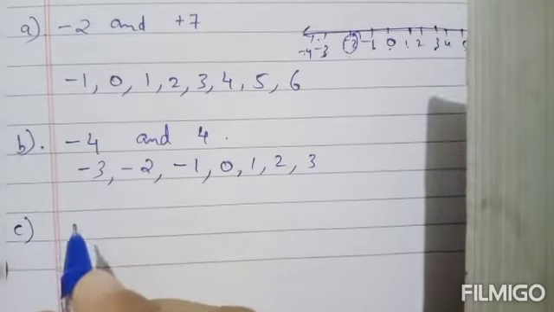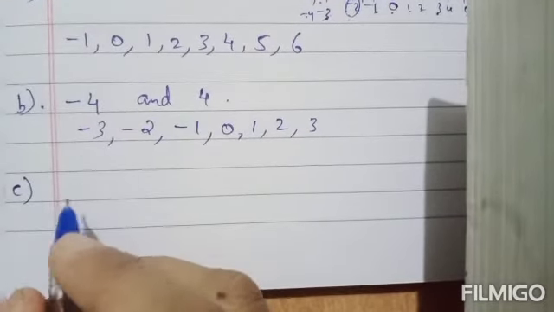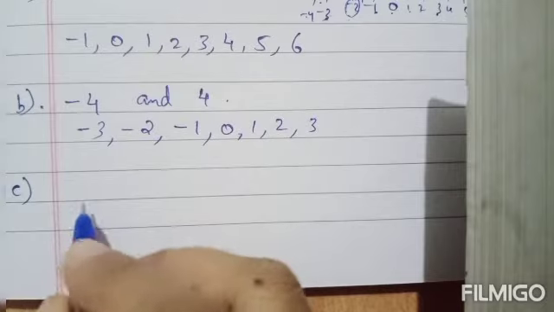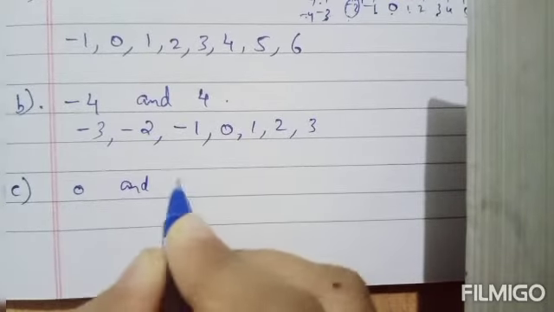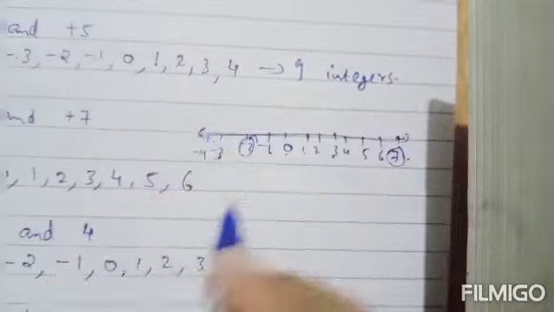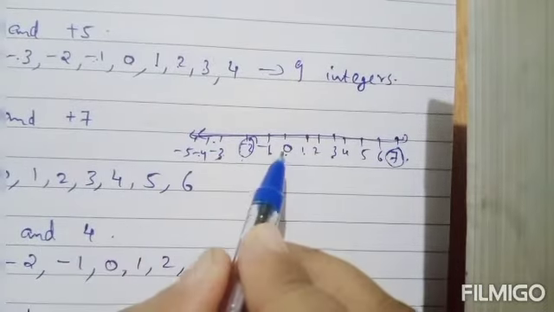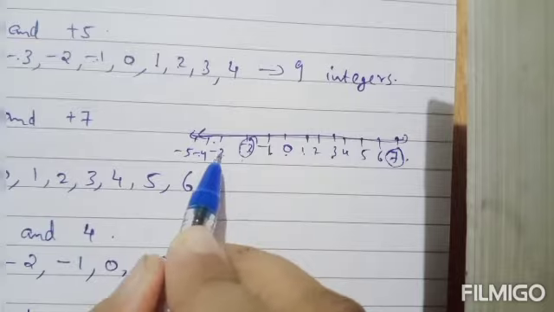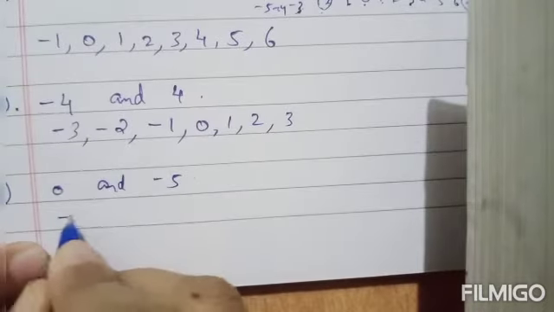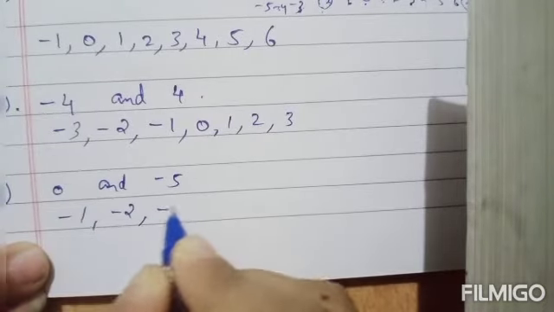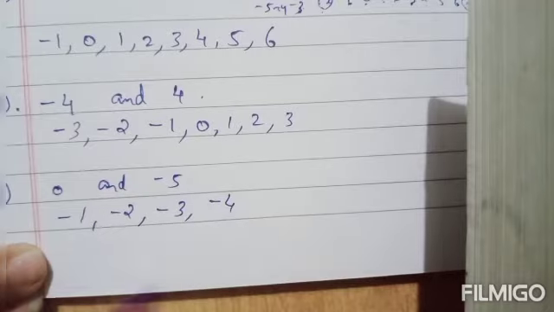So this is the answer. Next is C, 0 and minus 5. So here is 0, here will be minus 5. Okay, so you can see here minus 1, minus 2, minus 3, minus 4.